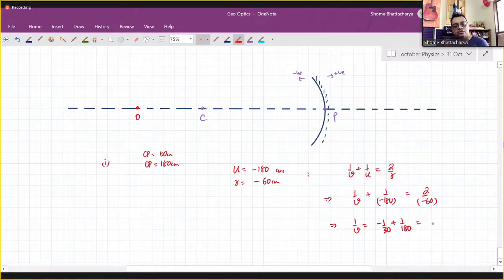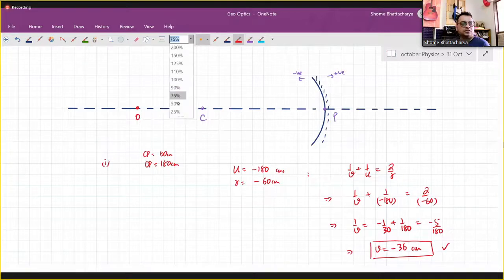It'll give us a negative quantity, as you can see, minus 5 by 180. Is that correct? Yeah. Okay.